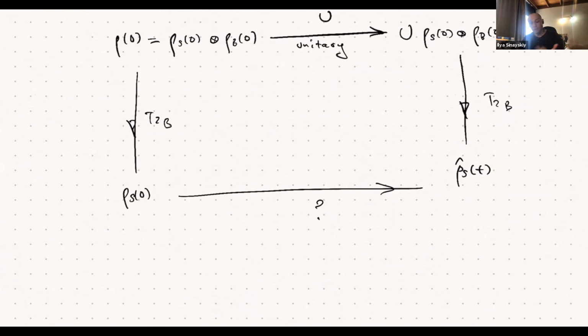And that transformation will be exactly called a dynamical map. Sometimes it's also called a super operator, but in the classes of equations which we are going to consider, it's called a dynamical map. Or if our initial conditions are uncorrelated, it's also called a quantum channel.